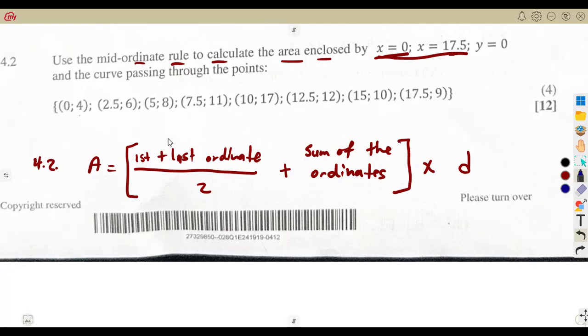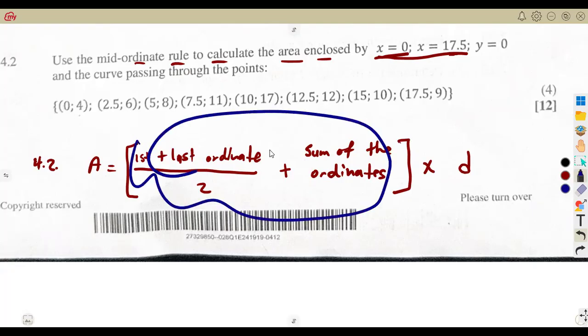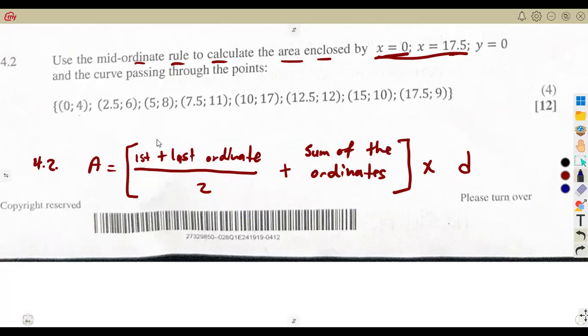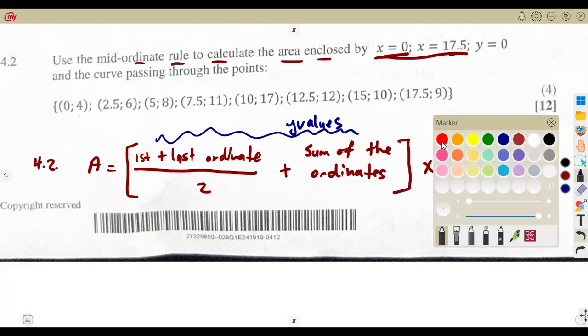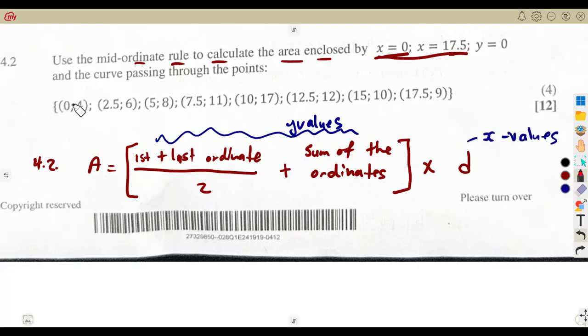So this part here, it is all about the y values. This part, it is all about the y values. And this one, it is all about the x values. Remember that. So when we talk of the x, like we've got x1, x2, whatever that we have.